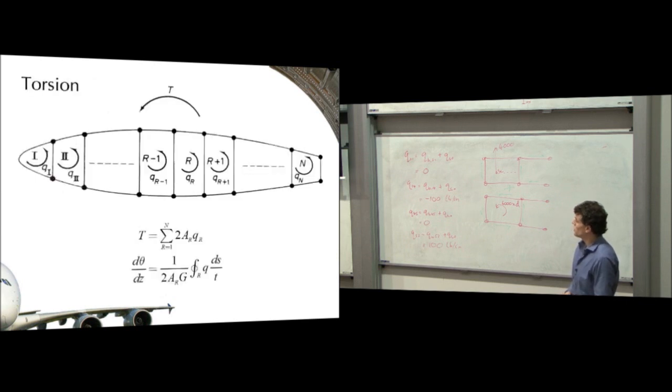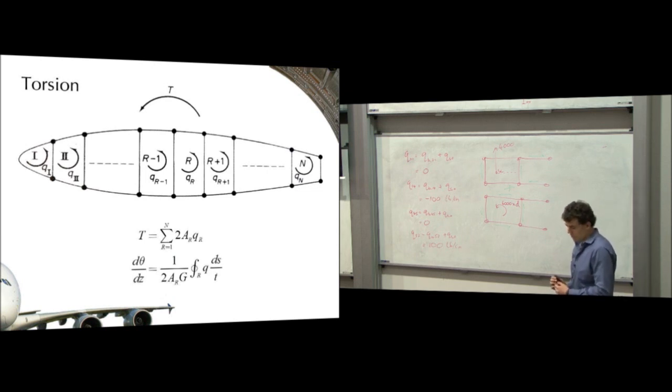Things get tricky when we start applying other loads, torques and shear forces. In general, this is a general problem here. We could have, say, n cells, and this might be, for instance, something like a fighter jet.